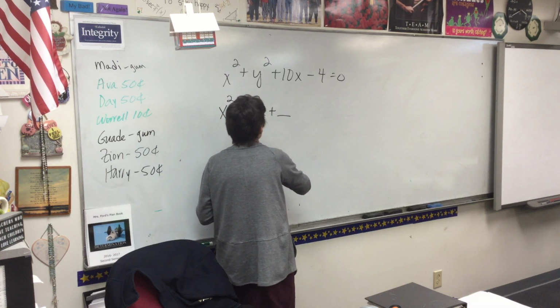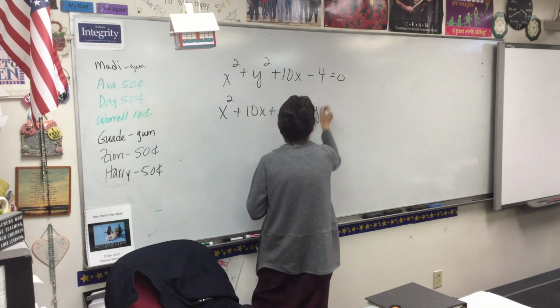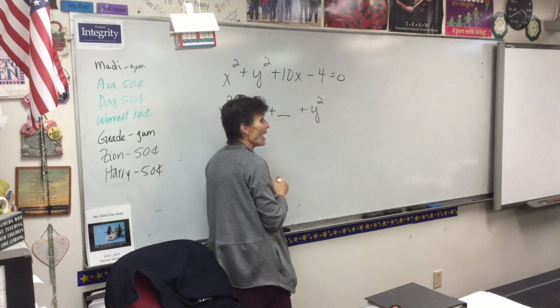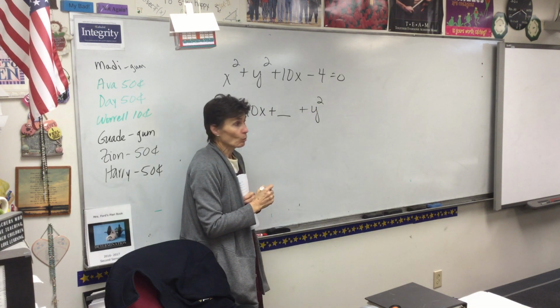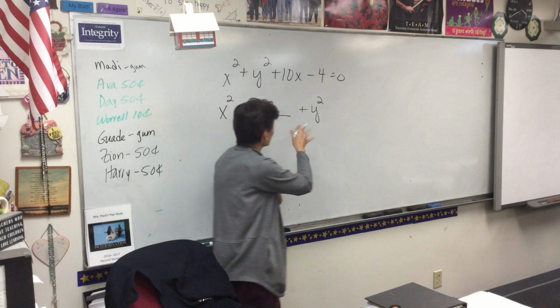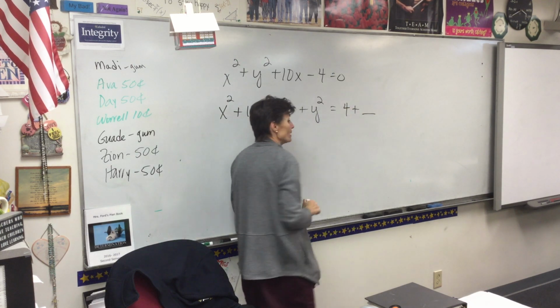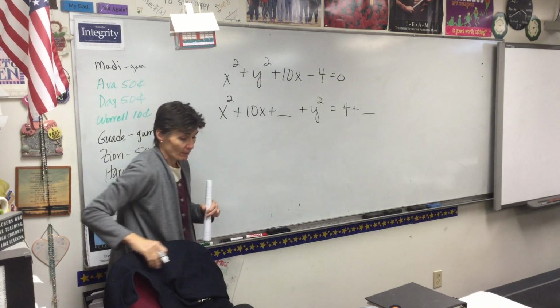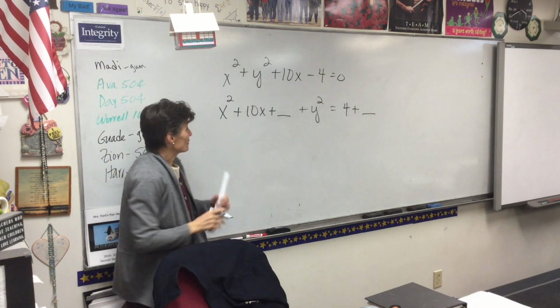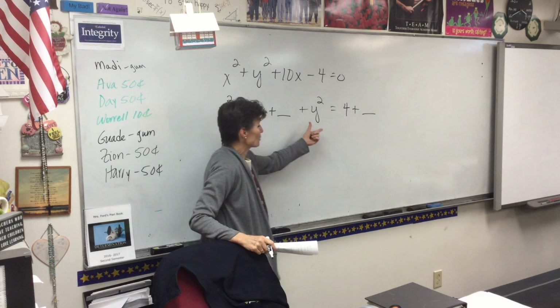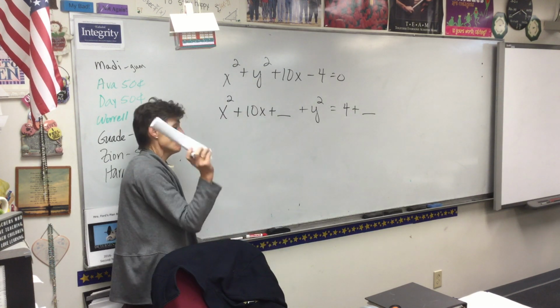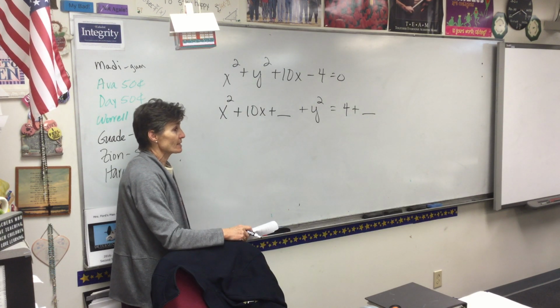We'll put a blank. Now wait a minute. This one doesn't have another y term. So it's already done, but I do have to move the 4 to the other side. You got your x's together over here, you got your y's together over here, but there's no room for that number. He has to go over.